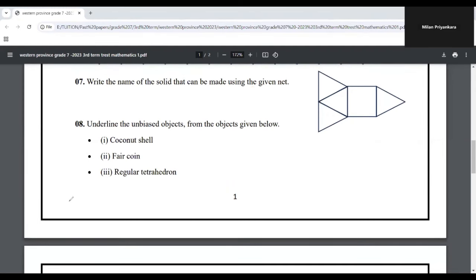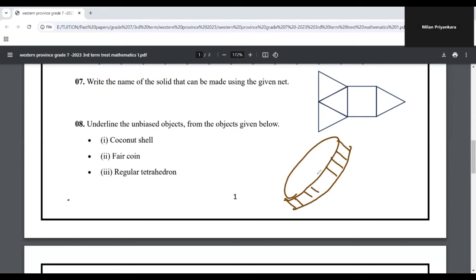In this case, you have to underline the unbiased objects. You know, the unbiased objects are fair, right? That means any outcome does not have a significant chance. That means it does not have more chance over the other, right?